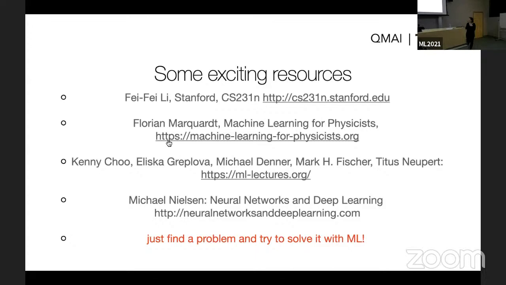Florian Marquardt also has a machine learning for physicists website. Some colleagues and I have written a book about machine learning in the context of sciences, which is also freely available online. Michael Nielsen also has a super cool book, more on the CS side of deep learning theory.